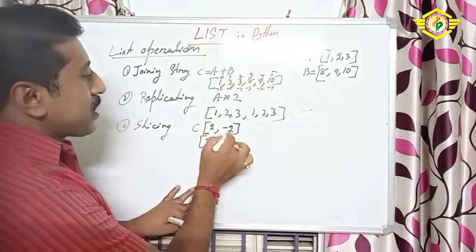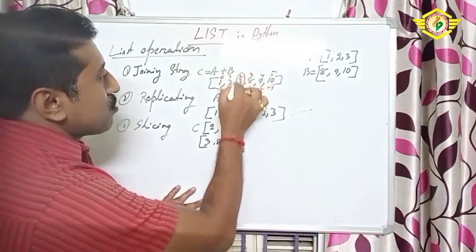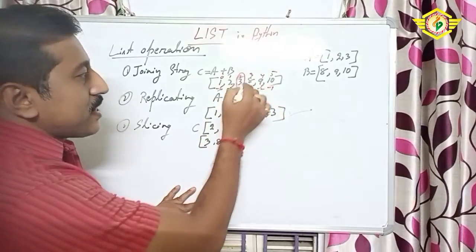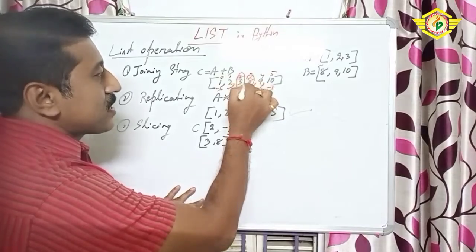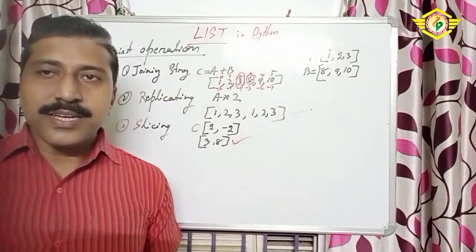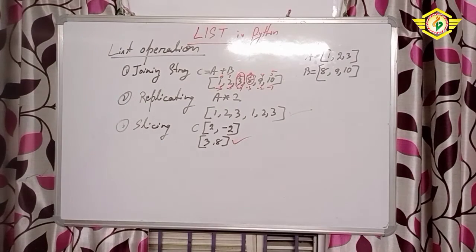So 2 to -2 means it will start from 3, and -2 is here, but it stops before that, so it will continue till 8. The output will be 3 and 8. In this way, these operations can be performed on lists.